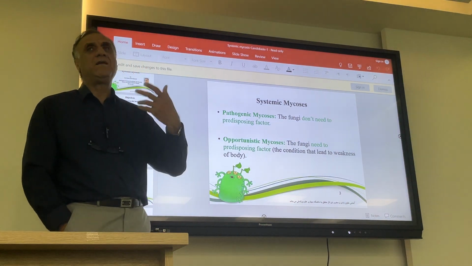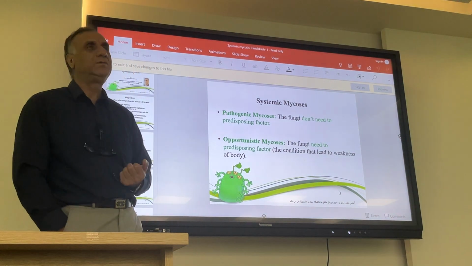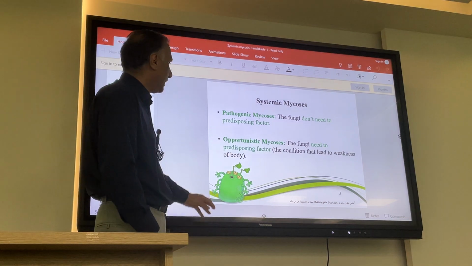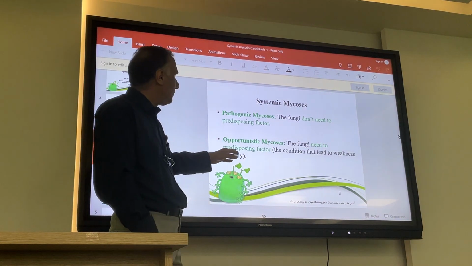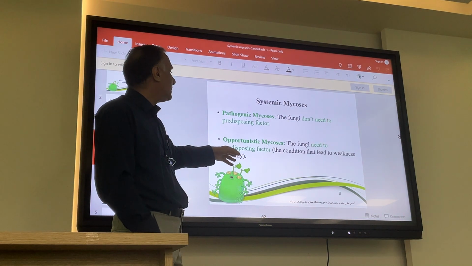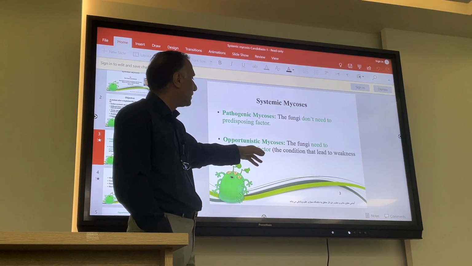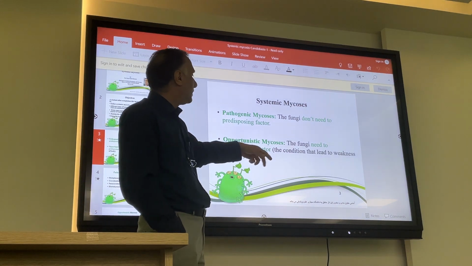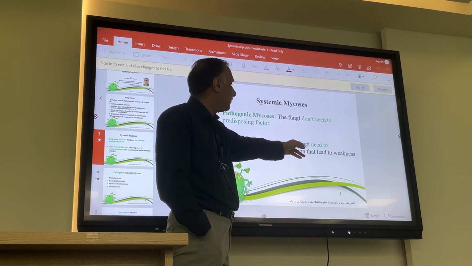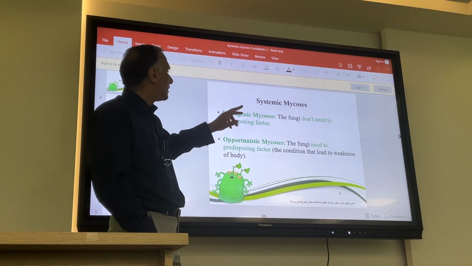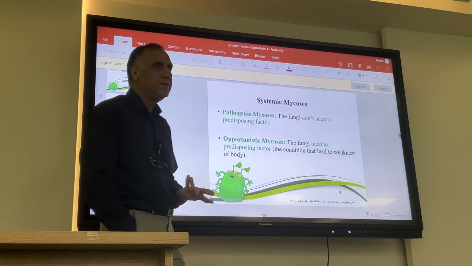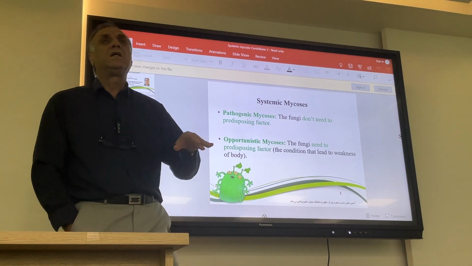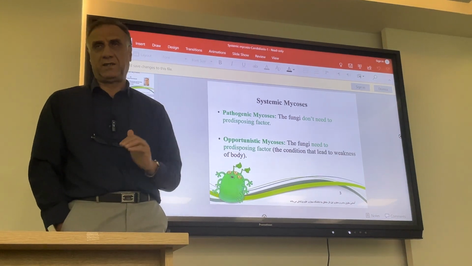For example, immunodeficiency, immunocompromised condition. Each condition that leads to weakness of body is a predisposing factor for opportunistic fungi. But in pathogenic fungi, there isn't any predisposing factor because they are true pathogens.